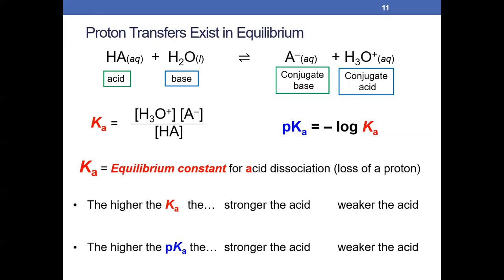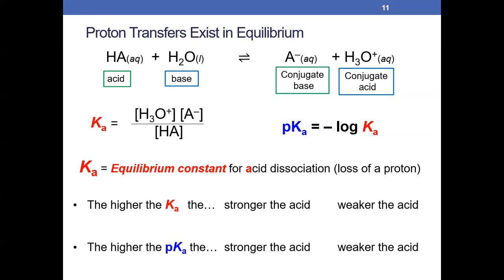As we increase what species, what makes something more acidic? If we look at our equilibrium reaction here, what concentration am I increasing to make it more acidic? What did we just use to measure pH? Yeah, H3O+. As I'm increasing the H3O+ concentration, that is making me more acidic.